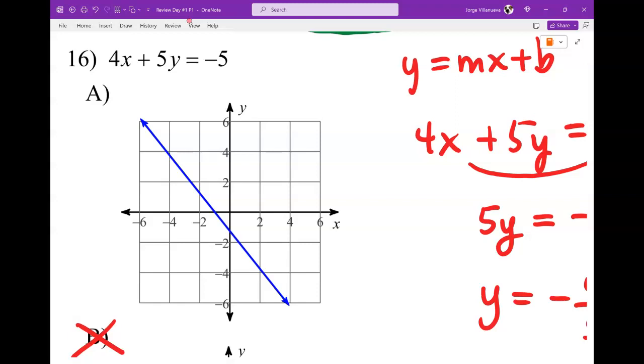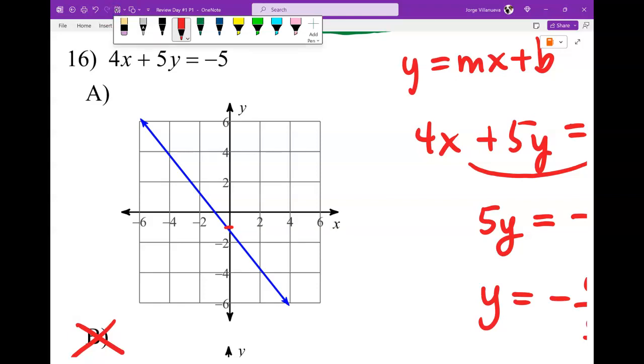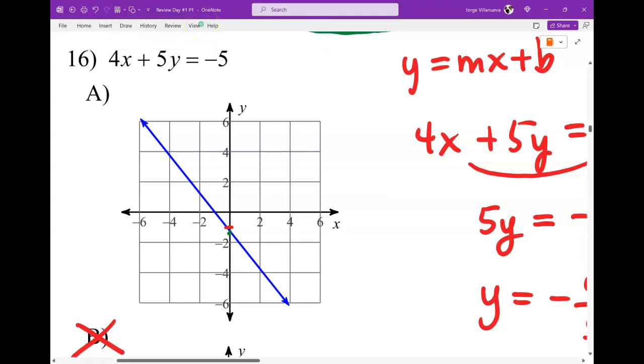I don't like this question. I don't like the way it is. It's too close. Like negative 1 is right here. And the line is touching right there. Look at how little the space in between is, right? So it's kind of confusing. They both look right.